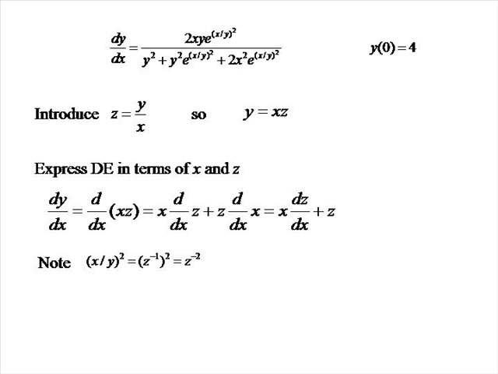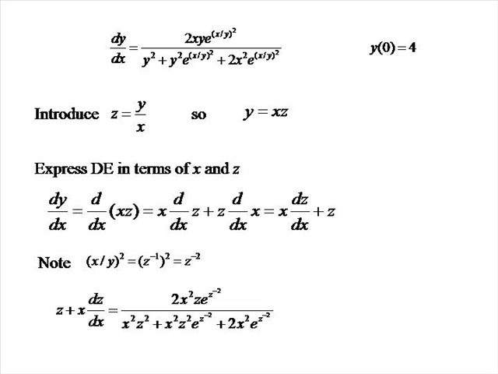So making these substitutions, we see that z plus x times dz by dx is equal to 2x squared times z e to the z to the power of minus 2 all over x squared z squared plus x squared z squared e to the power of z to the power minus 2 plus 2x squared times e to the z to the minus 2. Now if you notice here we've got an x squared featuring on all the terms on the top and all the terms on the bottom of this right hand side, so they will cancel.